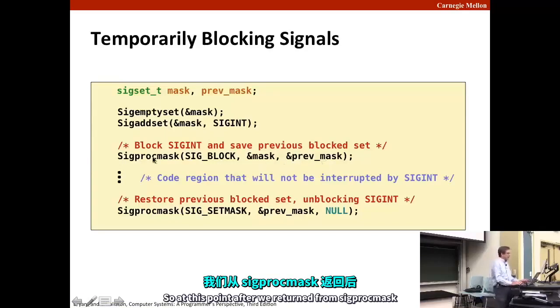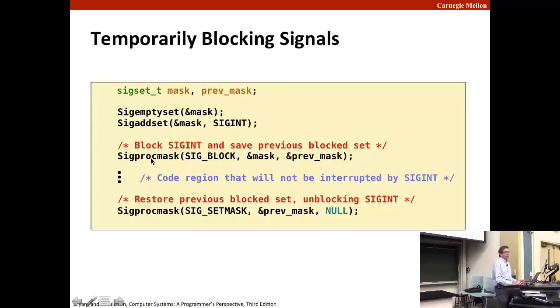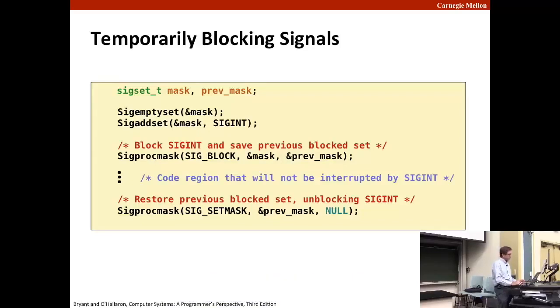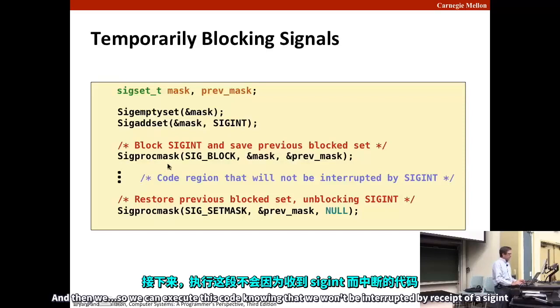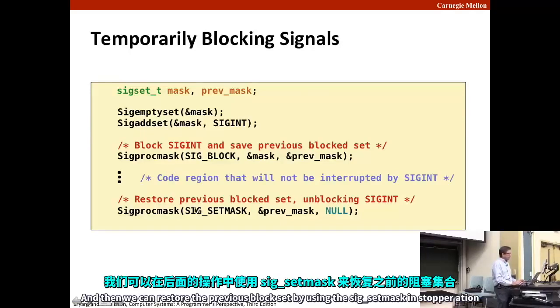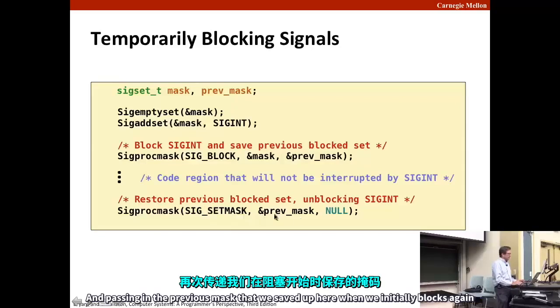So after we return from sigprocmask, SIGINT signals are blocked and they won't be received. Then we can execute this code knowing that we won't be interrupted by receipt of a SIGINT. And then we can restore the previous blocked set by using the SIG_SETMASK operation and passing in the previous mask that we saved when we initially blocked SIGINT.